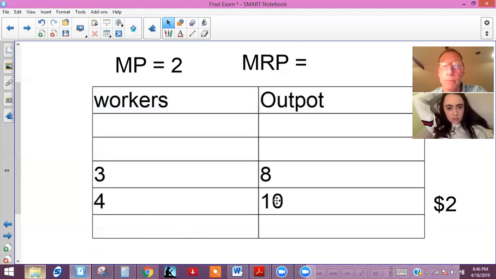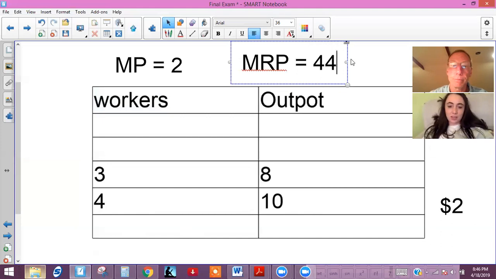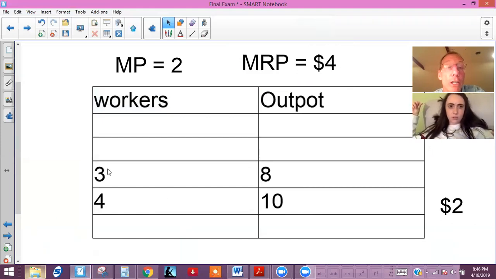So if we were selling them for $2 each, what's his marginal revenue product? 4. Yeah, you see, it's simple. You're overthinking it, like I do. I was multiplying workers times marginal revenue. Don't get confused, this is the fourth worker.